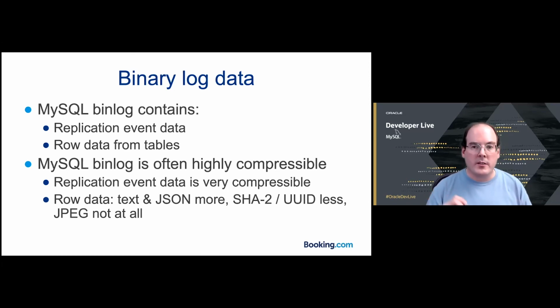JPEGs obviously don't compress at all. I'd honestly have to ask why you're storing a lot of images in MySQL. If you want, you can do that, but perhaps you should consider some sort of object store for that. But then if you have an object store full of pictures, you're going to need to store structured metadata about that, and that can live in your MySQL database.